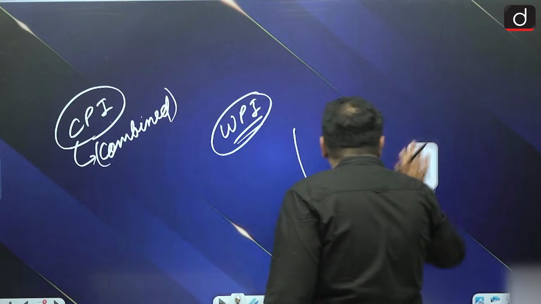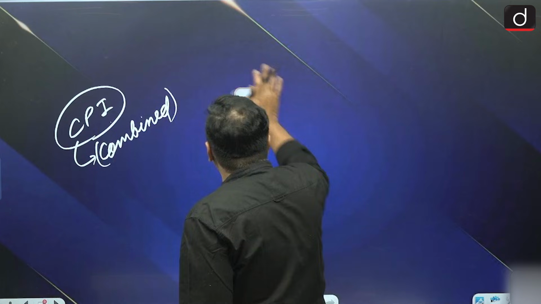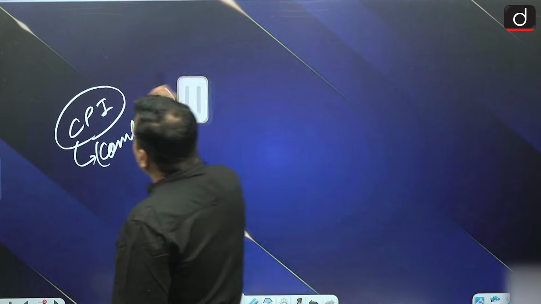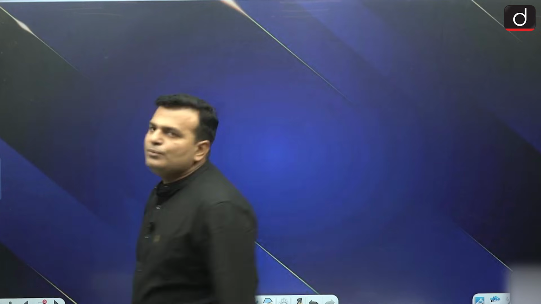So in place of such indices, even GDP deflator can be used as a tool, as a mechanism for calculation of inflation. And GDP deflator has a formula.